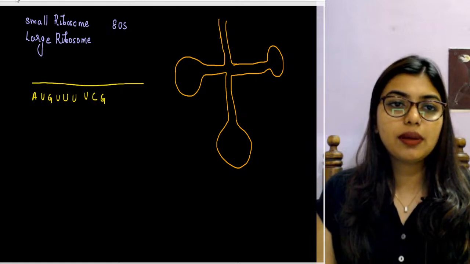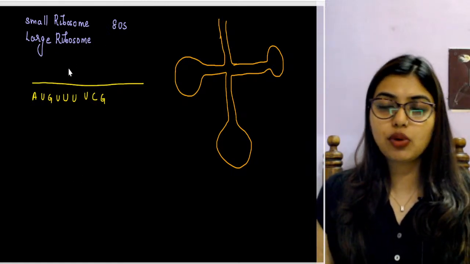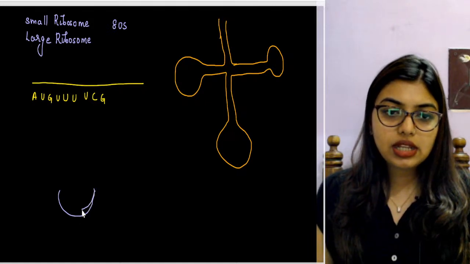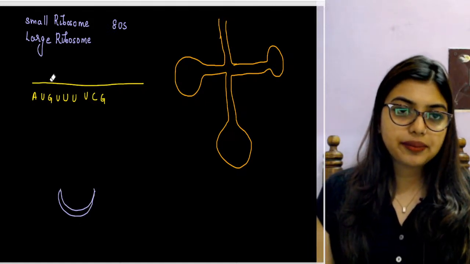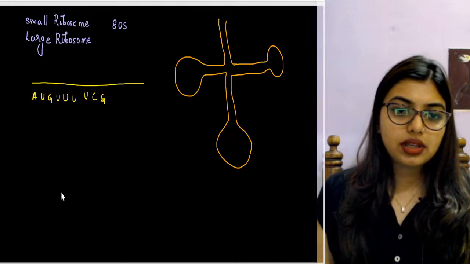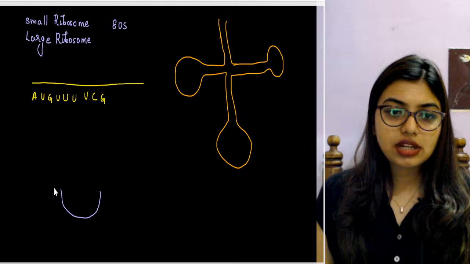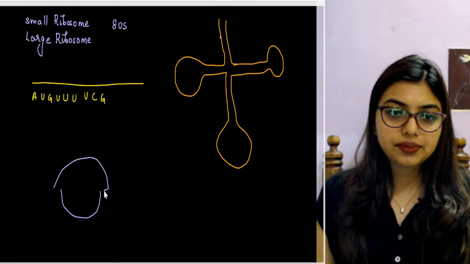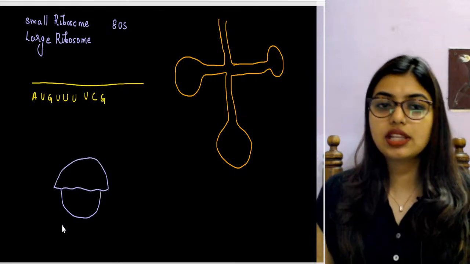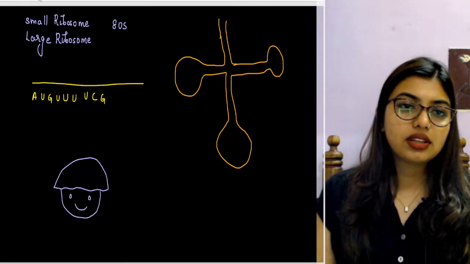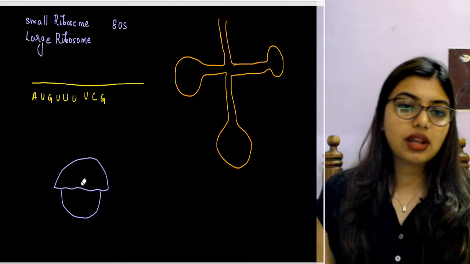Now students, the small subunit will come and attach first, and only later the large subunit will come and attach. So these are the ribosomes; this is the smaller, upper subunit.